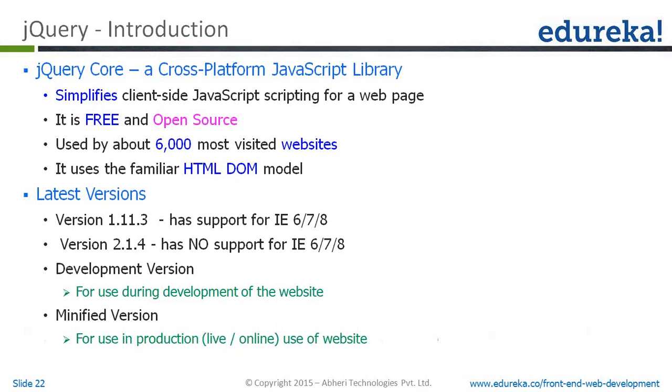Similarly, jQuery Mobile is for using jQuery on mobile devices like smartphones and tablets. If you want to develop user interfaces for mobile devices, then you can use jQuery Mobile.